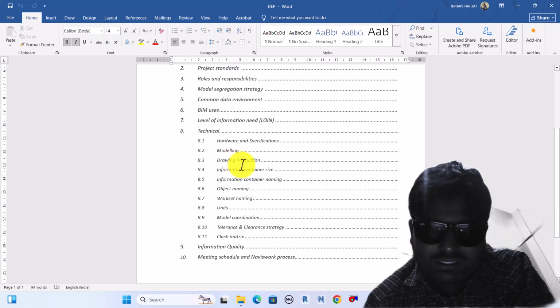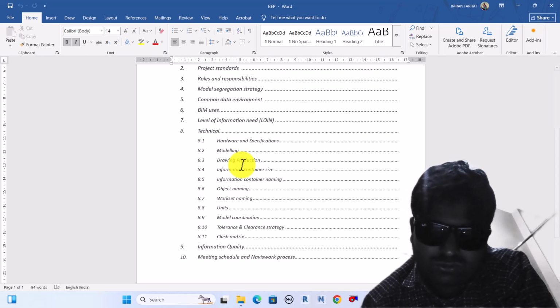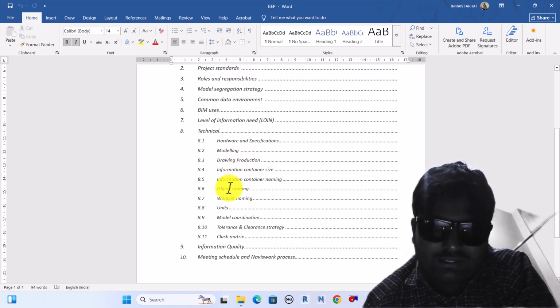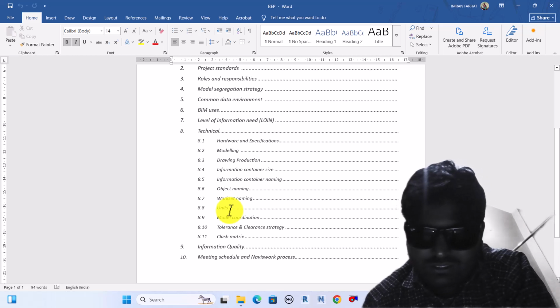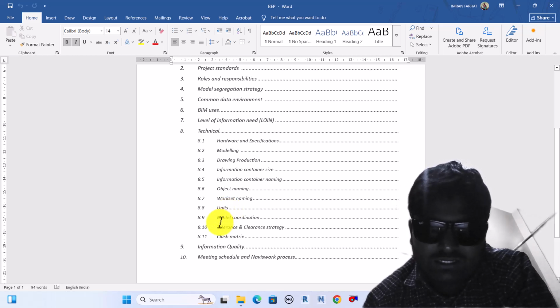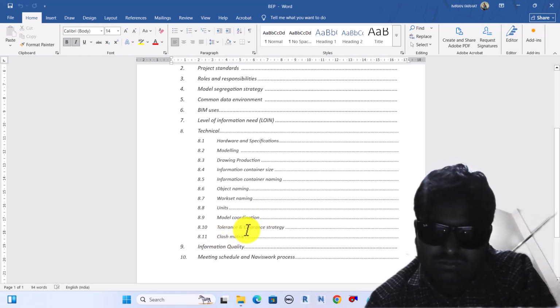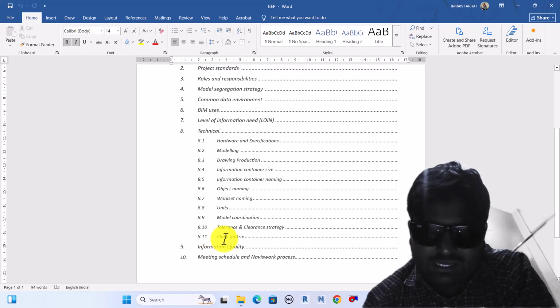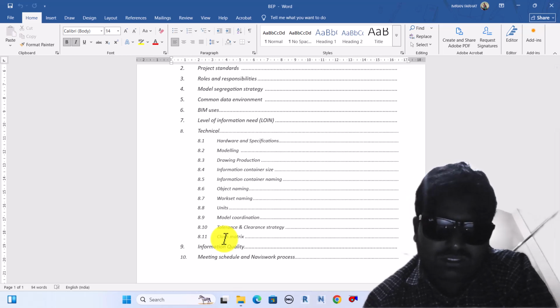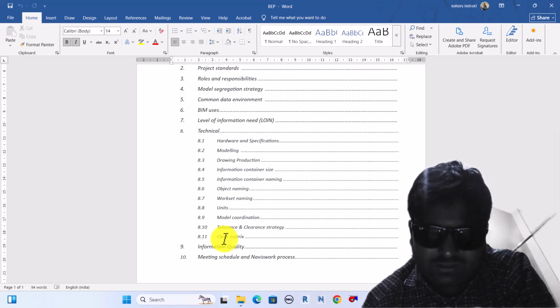That is, how I have to save the file, what name I have to mention, and which unit I have to follow, like metric or imperial, and how I have to coordinate, and tolerance, how much clearance I have to give around the element. And after that, class matrix, how I have to do the classes in Navisworks or ACC.